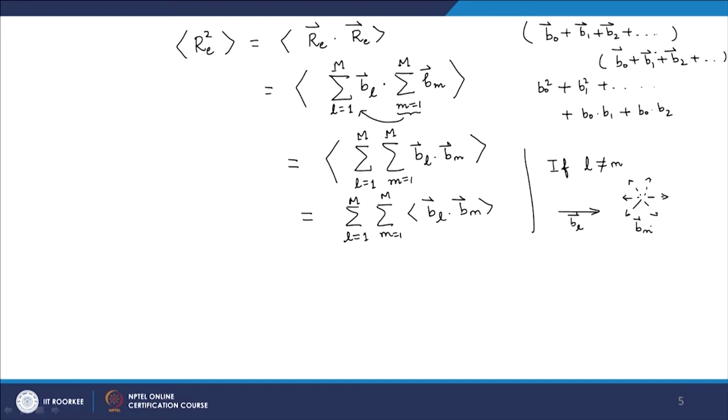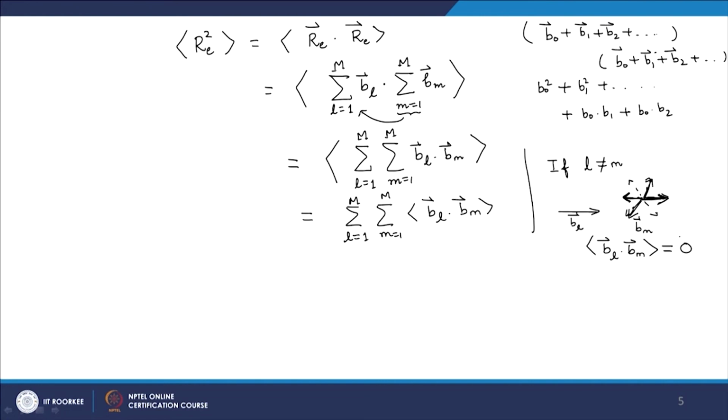So, what it really means, it is equally probable to be along this direction and its opposite, equally probable to be along this direction and its opposite, and so on. What this really amounts to is, if I average over this product, this will be equal to 0.